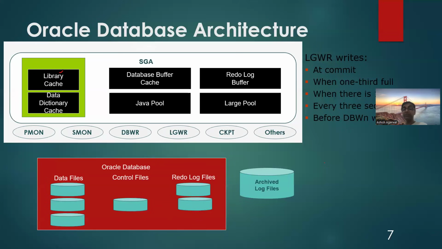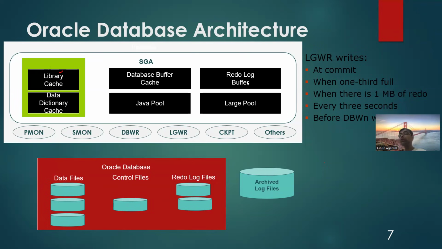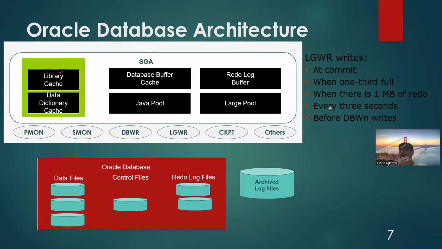The log writer process writes the data to the redo log file whenever there is a commit or when the redo log buffer is 1/3 full. Say for example, the size you have assigned to the redo log buffer is 100 MB. If it is 33 MB full, it will be written to the redo log files, or when there is 1 MB of redo, or every 3 seconds, it will write the data to the redo log file.